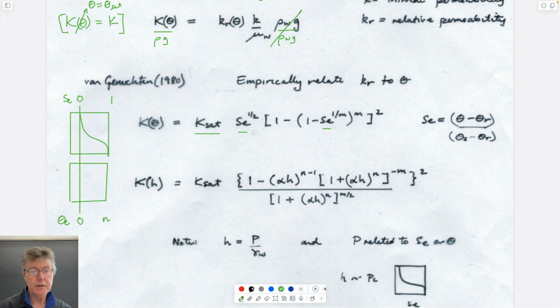And I guess all I'm trying to do is draw in here the green one and this one.